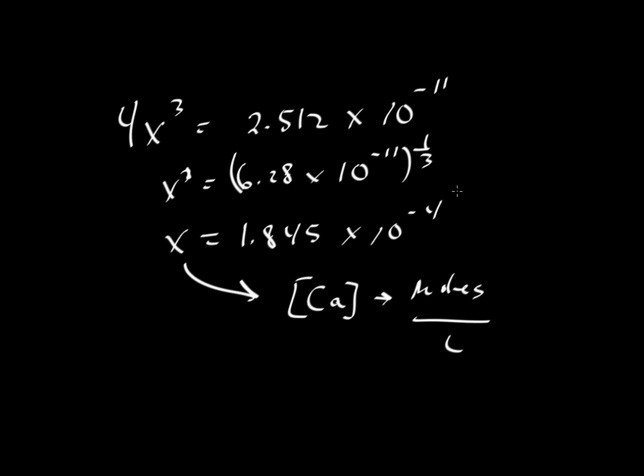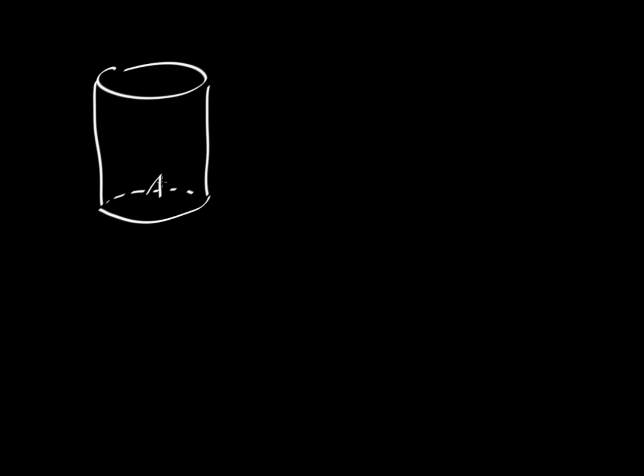So let's take this value and transfer it over to our next page. Here is our glass of water, and we have a little octahedron of fluorite sitting down at the bottom of that glass of water. So what would be the concentration of the various ions?